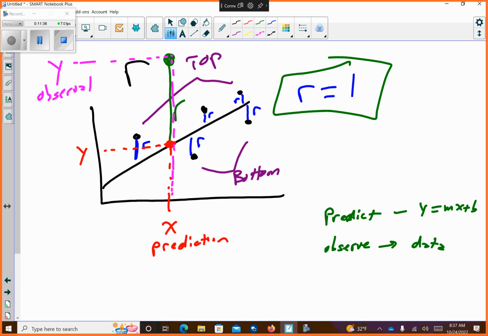So if you're looking at your data and someone said, hey, what happens to our data at X equals this value? Oh, my data shows this from my T table, okay, or my XY values. If I say, hey, let's predict something, then we would use our line of best fit. So that's kind of the difference between the two that we're trying to reach for.